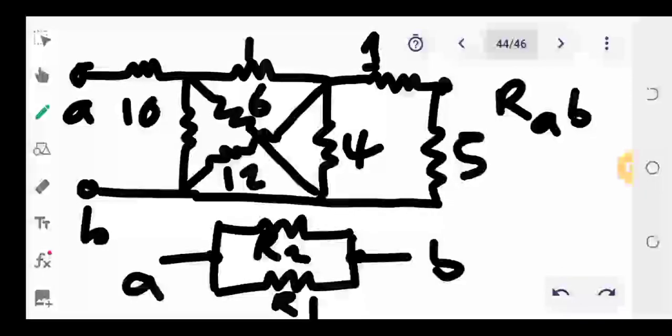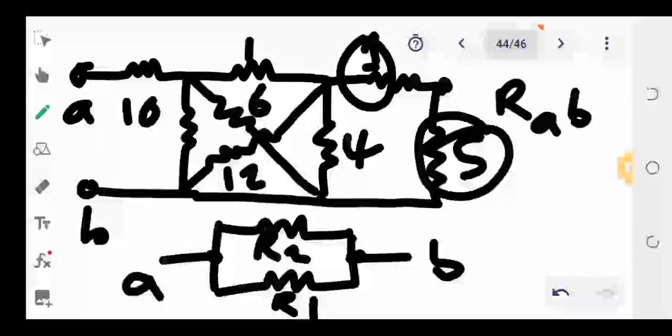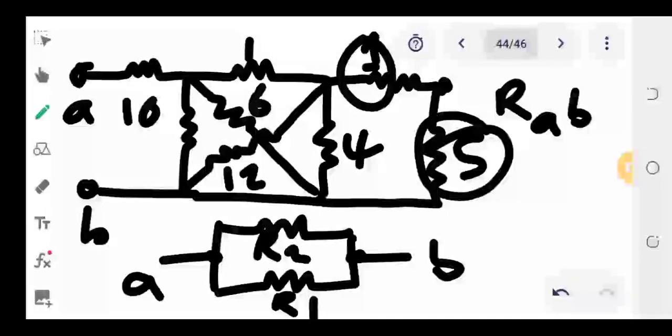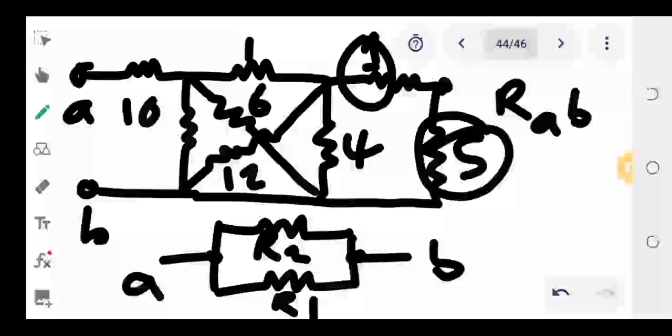So let me proceed with our problem. We do have this 5 ohm resistor and the 1 ohm resistor. These two resistors qualify to be in series because they are sharing a single node between them. A node is a point of connection between branches, or among the branches.